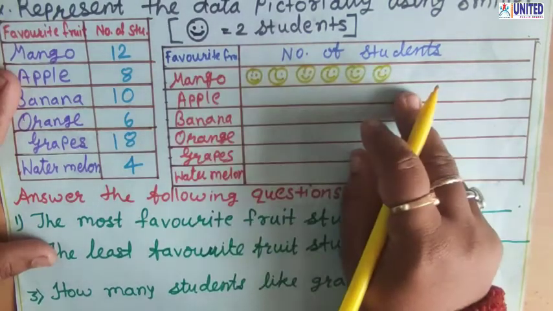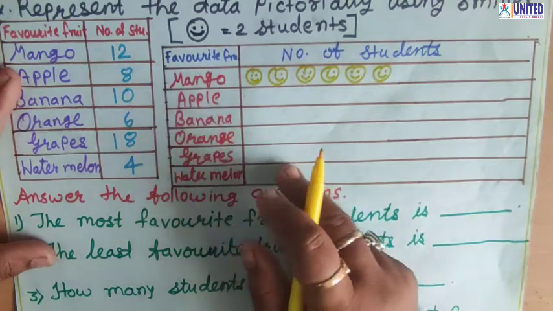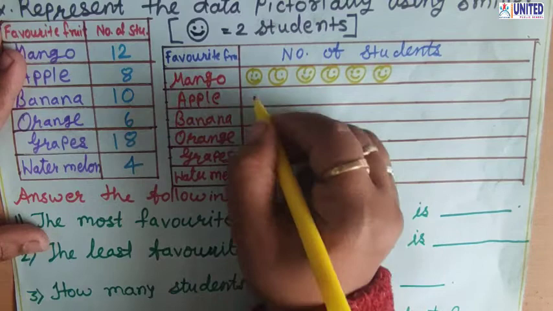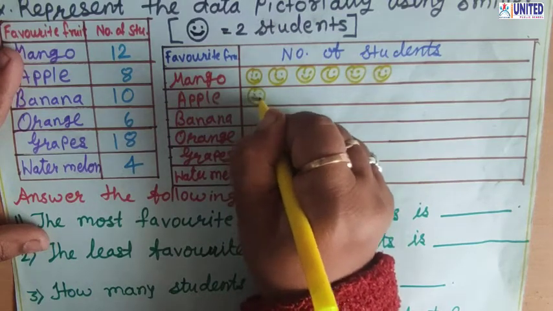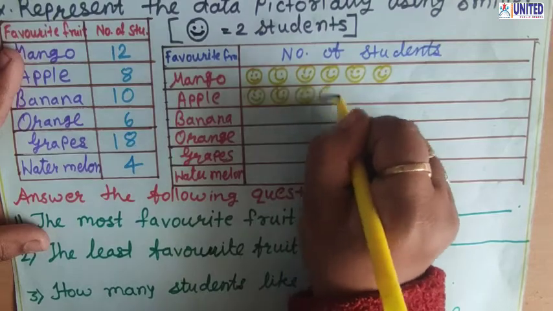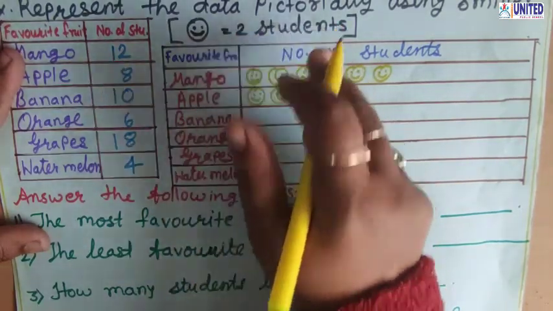That means 6 smileys, total 12 students. Now apple. Apple is liked by 8 students, so we draw 4 smileys. 1, 2, 3 and 4, because 1 smiley is for 2 students.